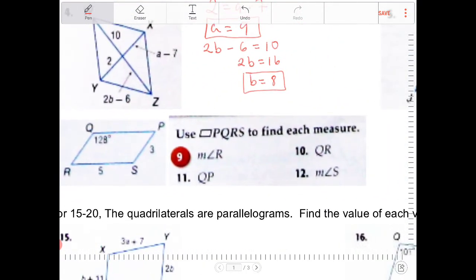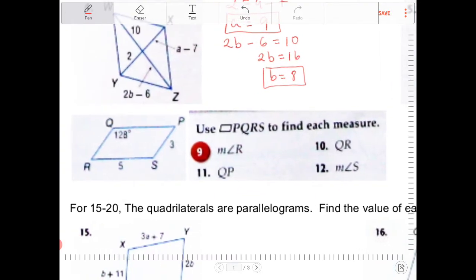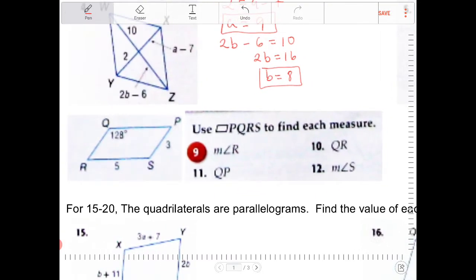Use parallelogram PQRS to find each measure. We're told that angle Q is 128 degrees. So therefore, angle R will be supplementary to 128, which gives us 52.